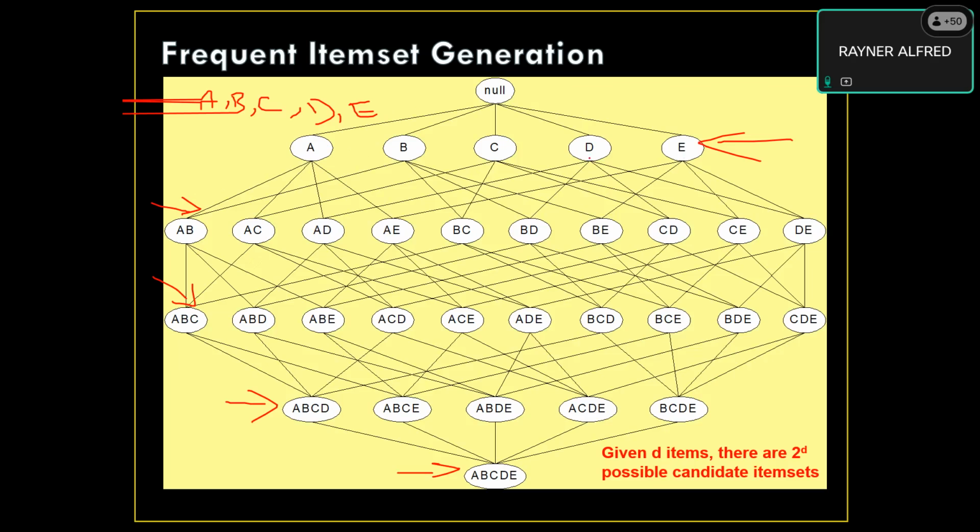So we have so many candidates here. That's why it highly depends on the number of items that we have. The possible number of candidates will be 2 to the power of D, where D is the number of items in your set. So in this case, 2 to the power of 5, we have 32.